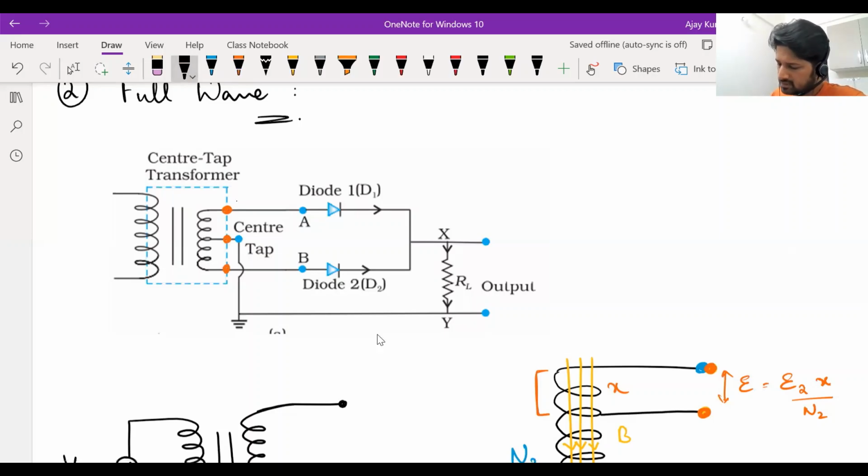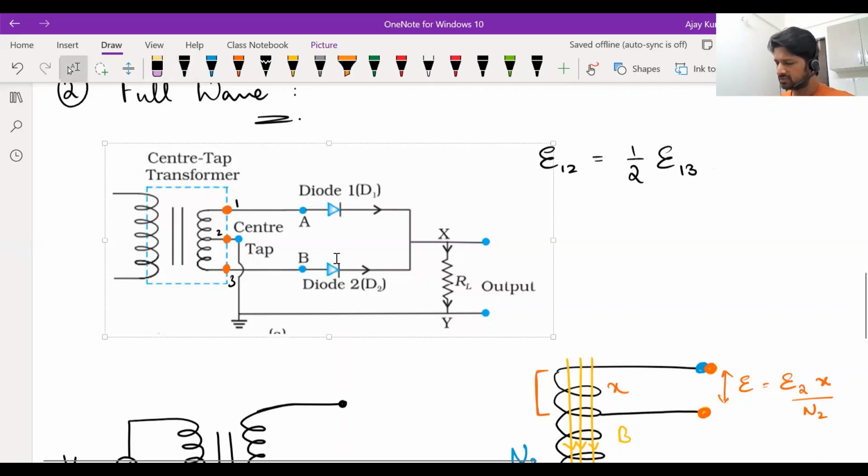The first one and the third one are at the ends of the coil, but the second one is exactly in between. So you can say that the EMF between 1 and 2 will be equal to half the induced EMF between 1 and 3, if that wire is connected exactly in between.